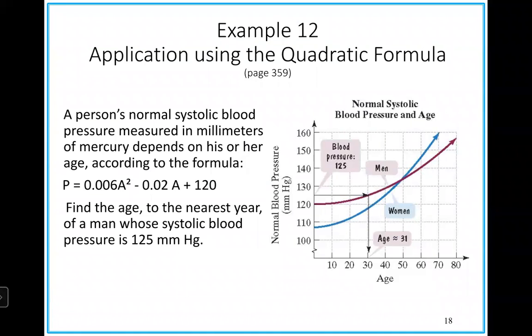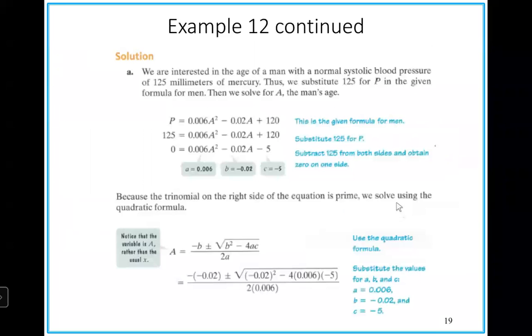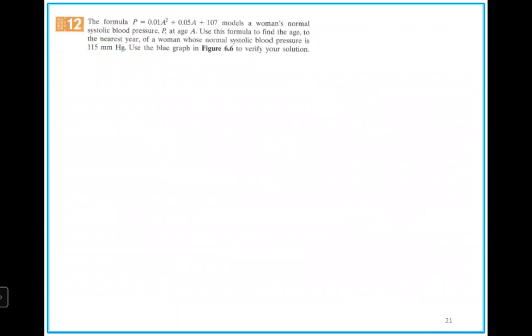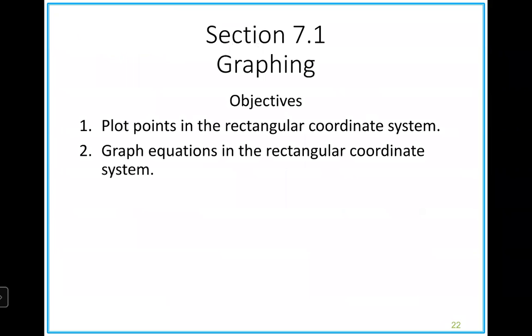Strangely, there seems to be some connection between age and pressure. And so they're showing you how you can figure out what the pressure should be based on age. And it varies between men and women. So you could look at that when I send the slide to you. And then there's another checkpoint relating to that.